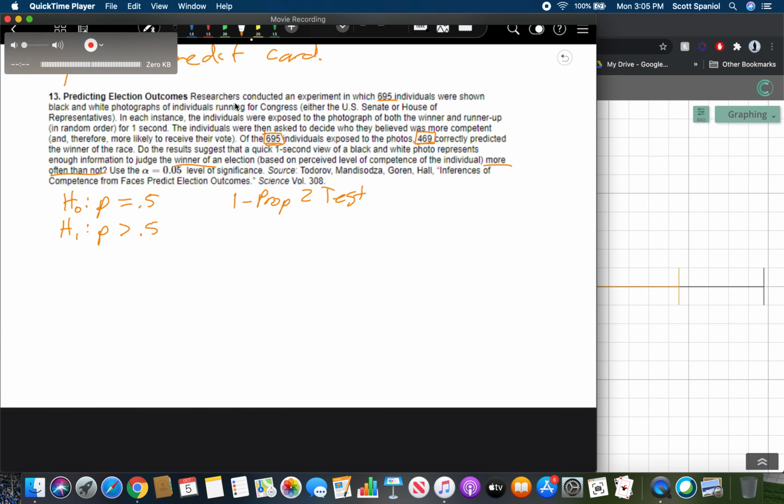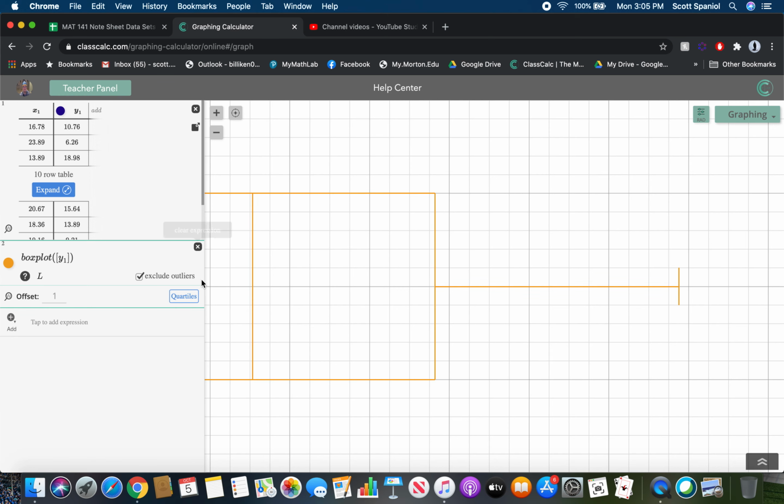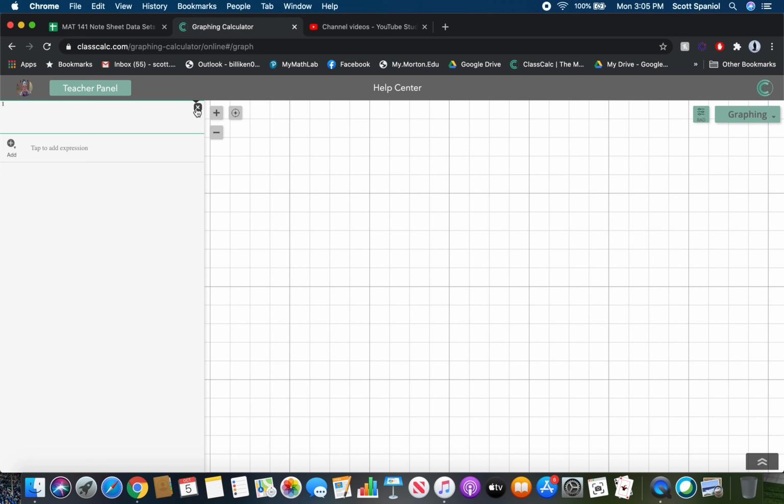Okay, so if we go into our calculator here, let's get rid of all this stuff we were just doing, and we do 1-prop z-test, we can put in our P naught is 0.5, our X is 469, and our N is 695.